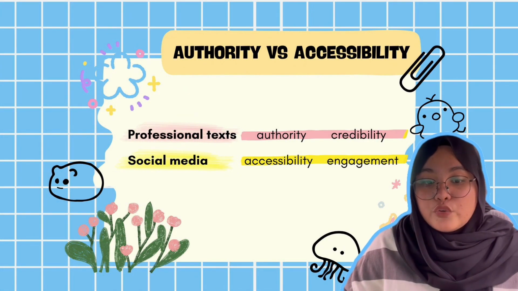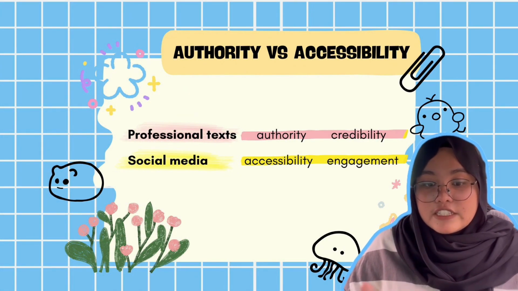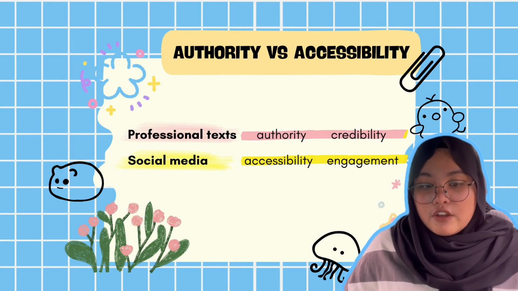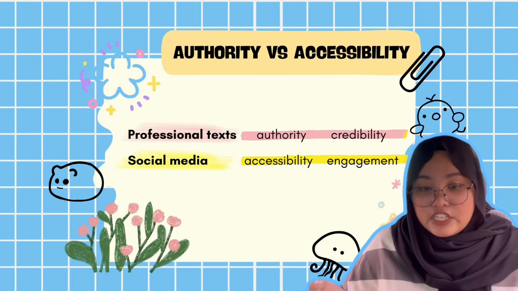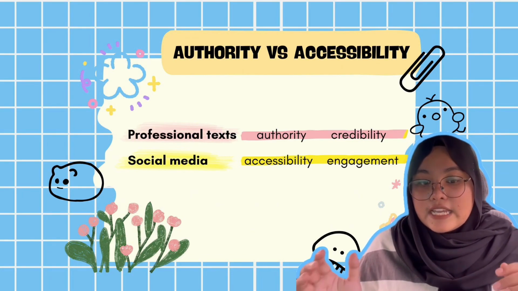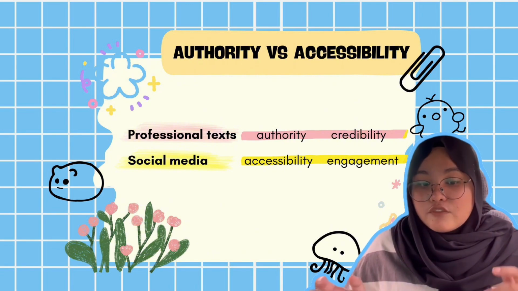And now we are going through professionals versus social media for authority and accessibility. Professional texts, academic and news, differ from social media discourse in their use of aspect and voice.